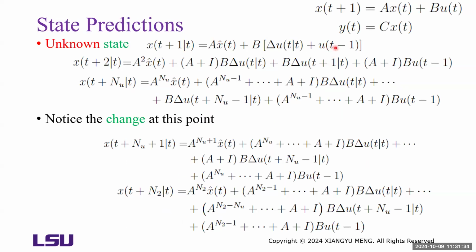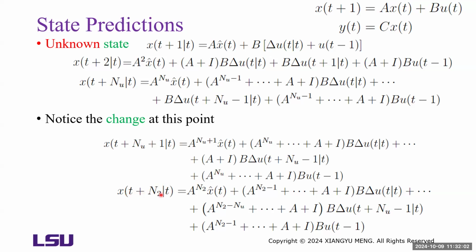Then for u t minus 1, it always has a b, and it is a polynomial of a. The degree of this polynomial will be 1 degree less than k, starting with k minus 1. Similarly here, start with nu minus 1. Then for nu plus 1, it starts with nu.